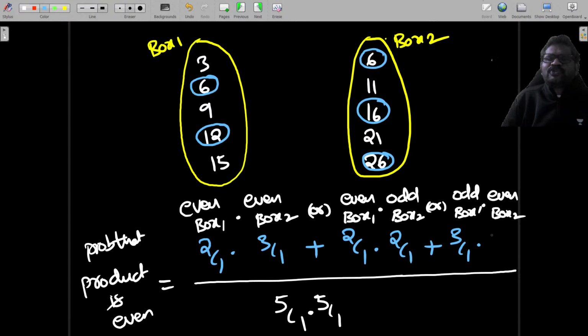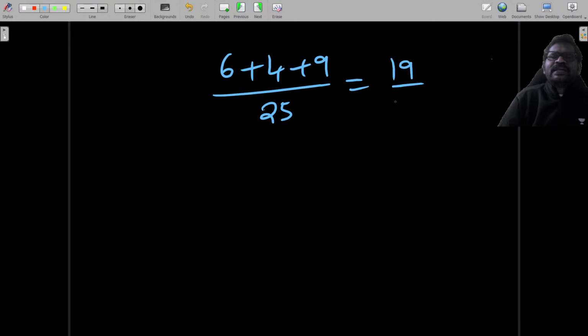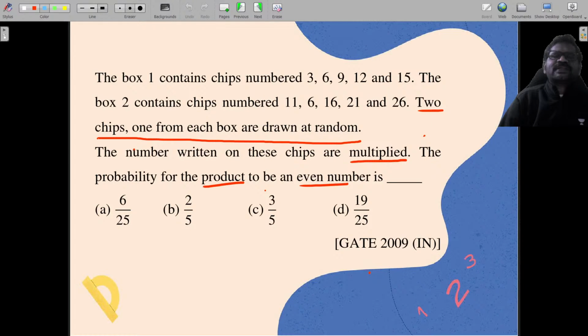Even number from box 2: 3C1. Simplifying this, the numerator is 2 3 is 6 plus 4 plus 9, by 5 5 is 25. That is 19 by 25. Correct answer is 19 by 25.